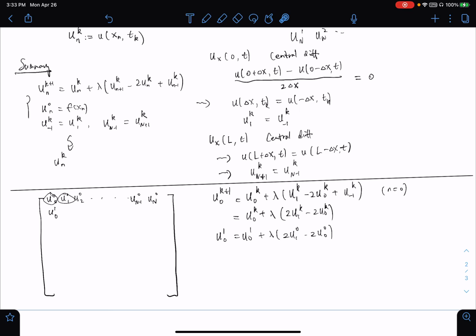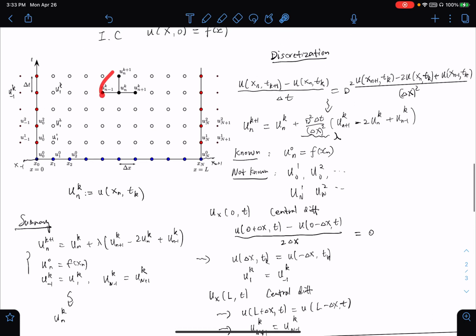And also, you can generate the exact same kind of equation for the right boundary point. So you can generate actually the point un,1 by these two values using this kind of formula. And for the other values, you can use the exact recursion formula.